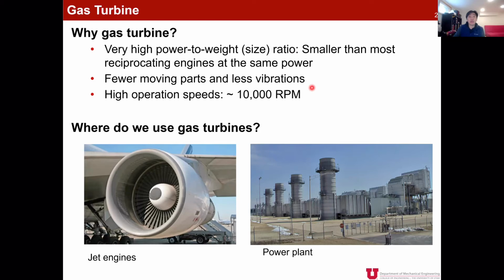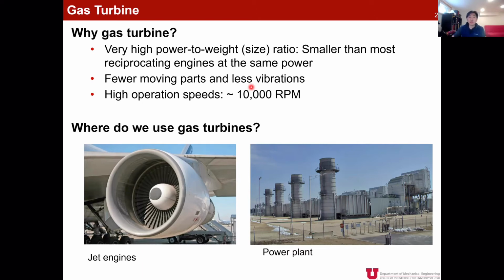In the same way, a gas turbine has fewer moving parts and less vibration. Again, these vibrations in a reciprocating engine mostly come from the linear motion of pistons. But gas turbines do not have those pistons, so they have much less vibration compared to reciprocating engines.